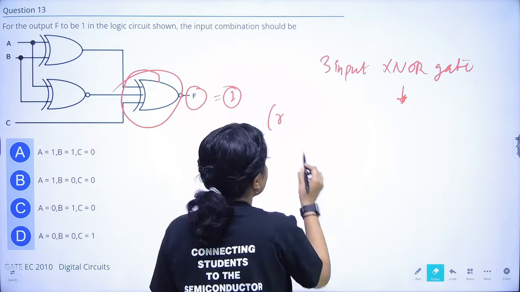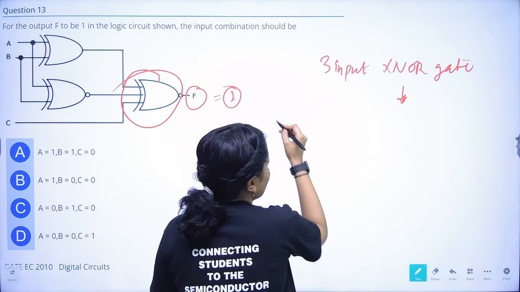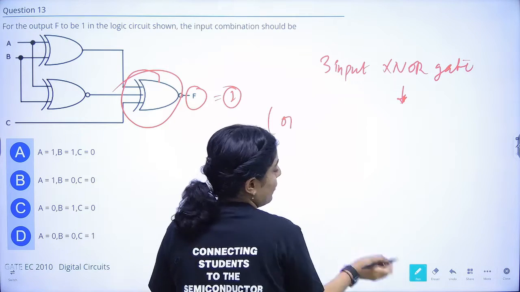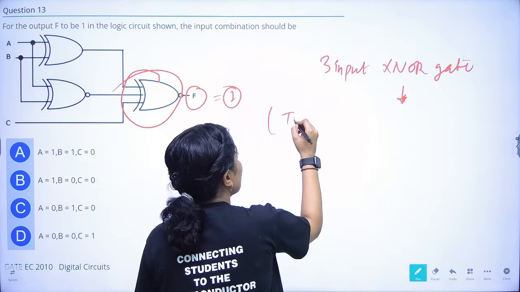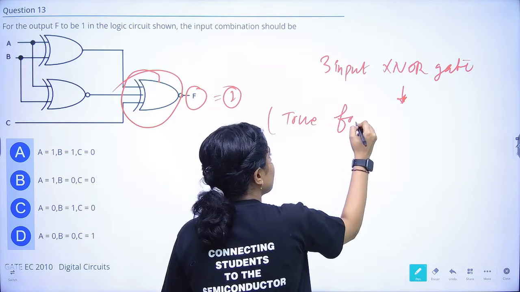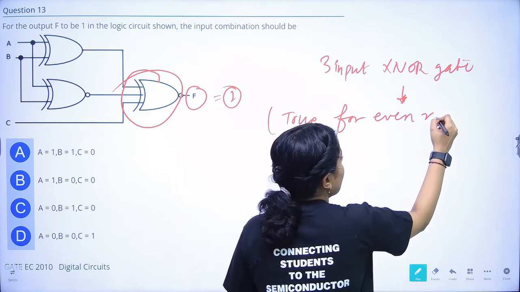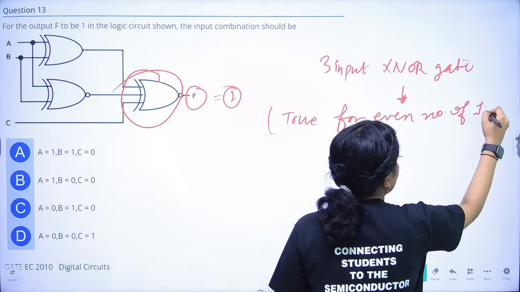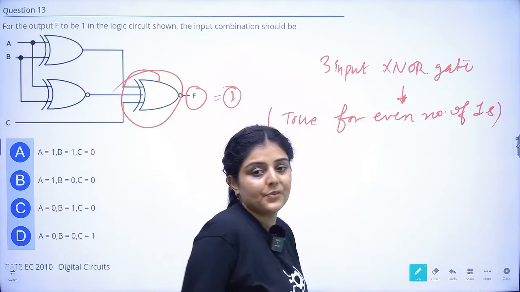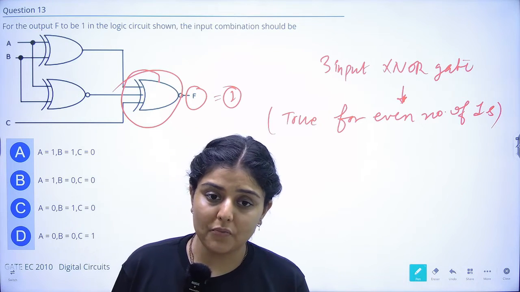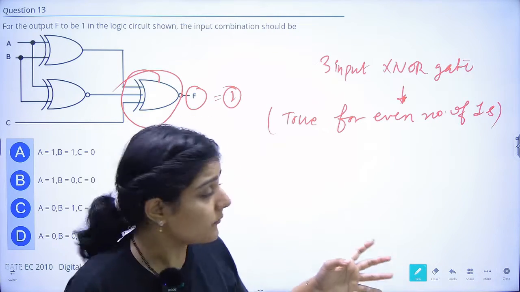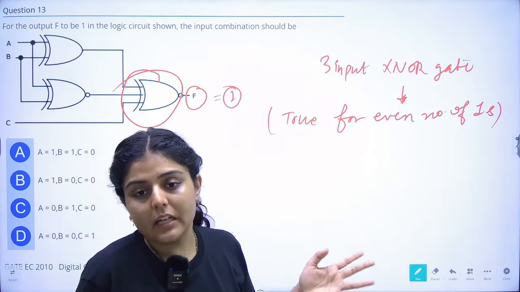The XNOR gate basically is 1, or you can say it is true, for an even number of ones. It is a 3 input gate, so when the number of ones is even, then it will be 1.